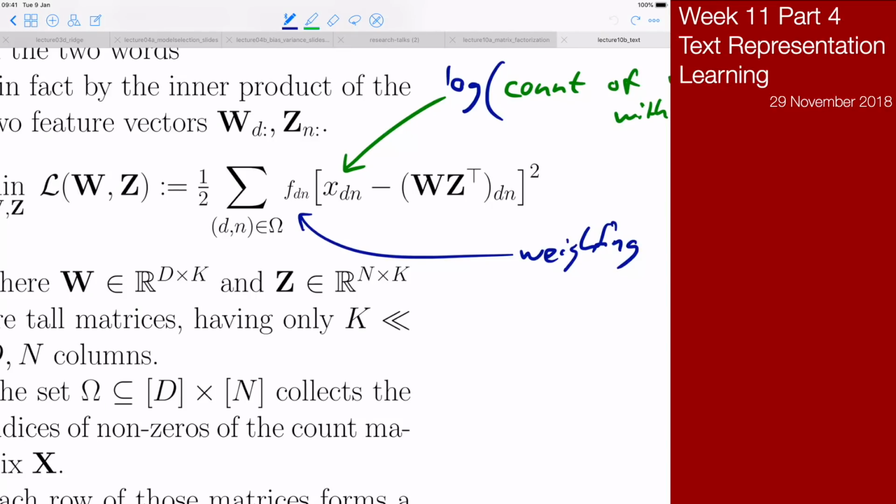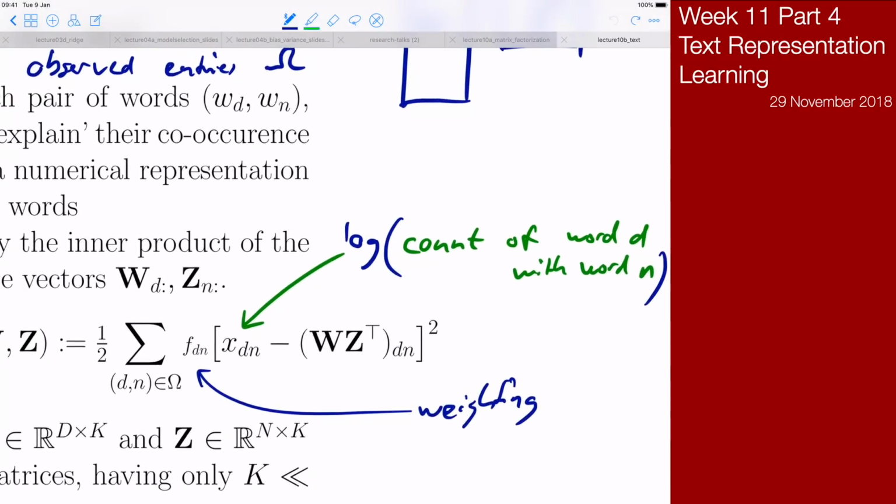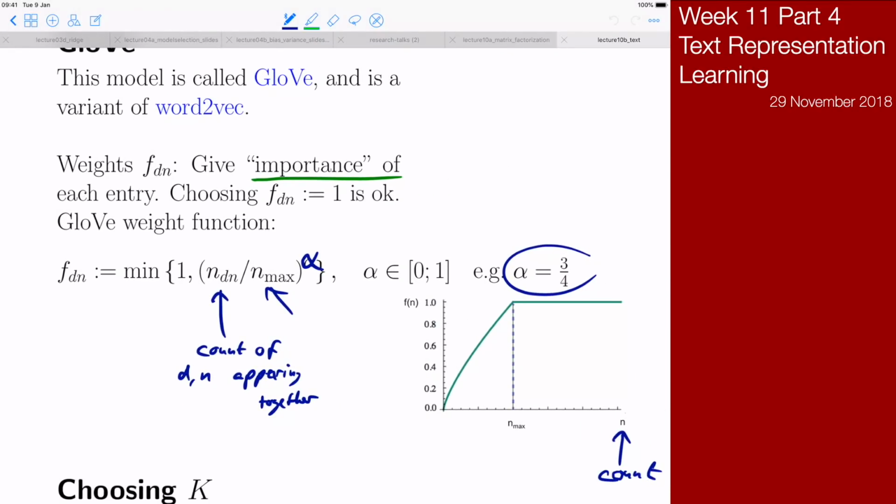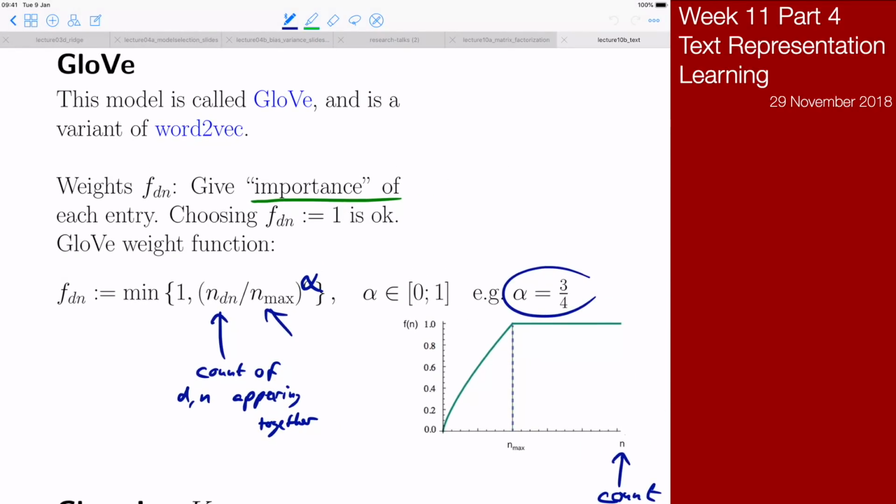So don't worry, there's nothing much to learn from it, except that it's sometimes good to think about if you want to use some weighting. And here it makes a big difference, it turns out. It's the same intuition that actually only using the observed entries makes a big difference. It's like in the recommender system, when the thing that you don't have ratings for, don't just put zeros there.